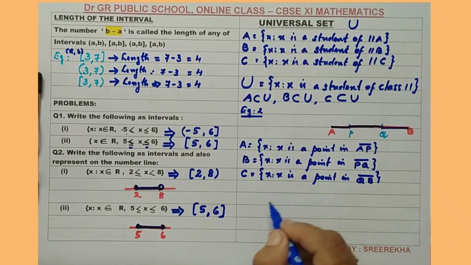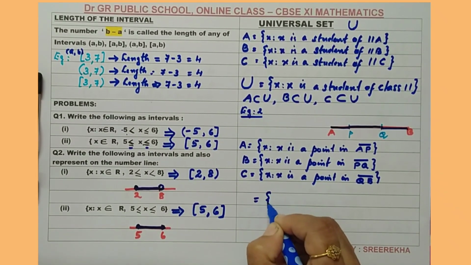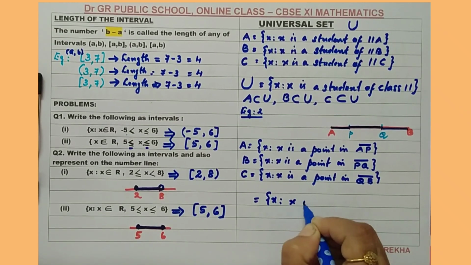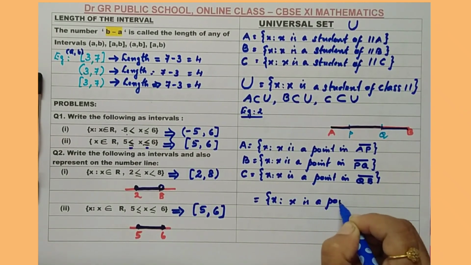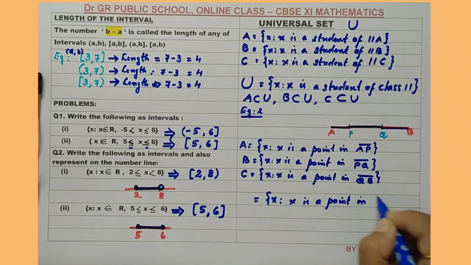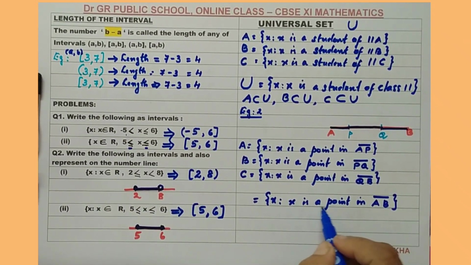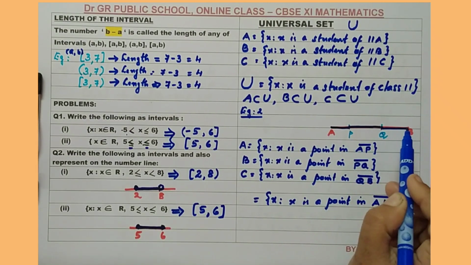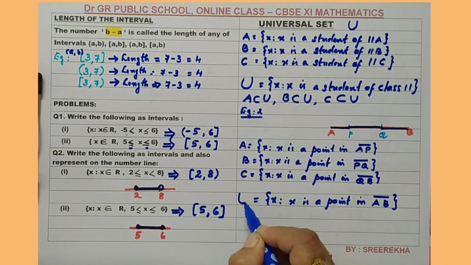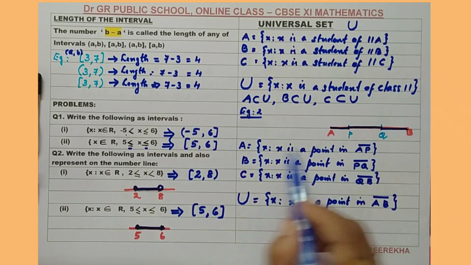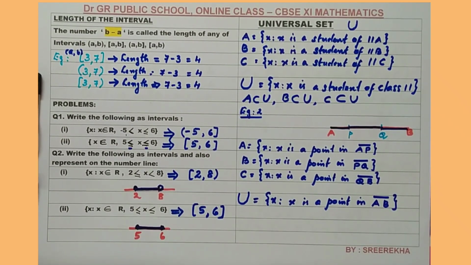I am going to consider a set as the set of all x such that x is a point in the line segment AB. Definitely, this set U is actually a superset for the sets A, B and C under our consideration.